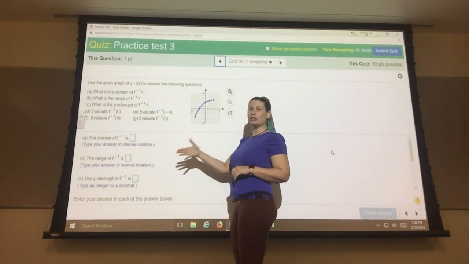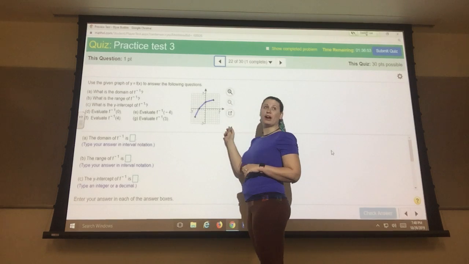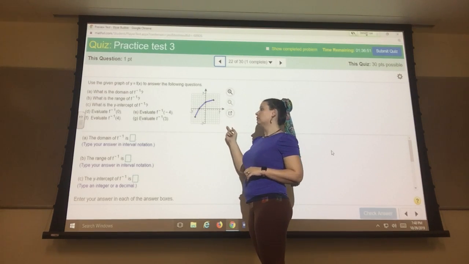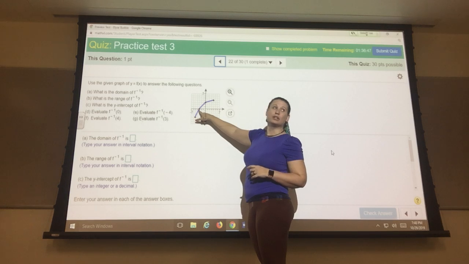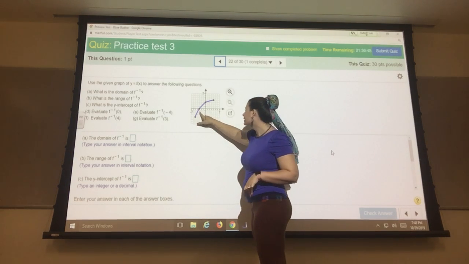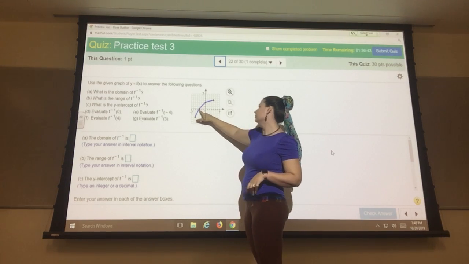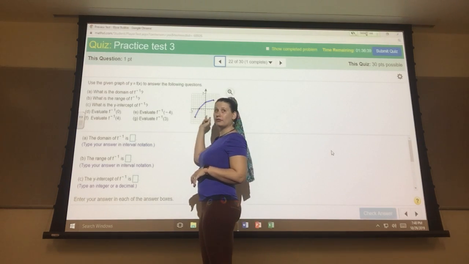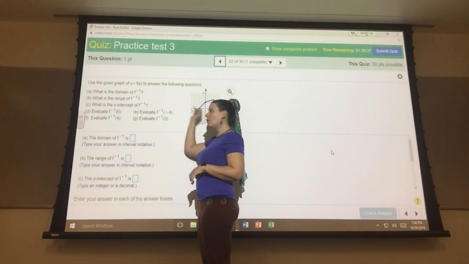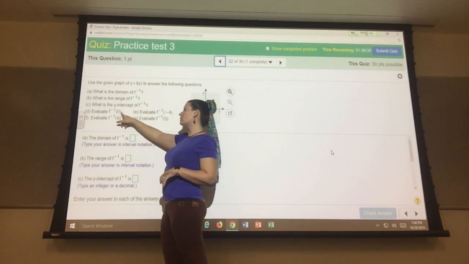So what x value gave us 0 on this graph? This point, right? Negative 3. Okay, so that means f of negative 3 equals 0, or f inverse of 0 equals negative 3.